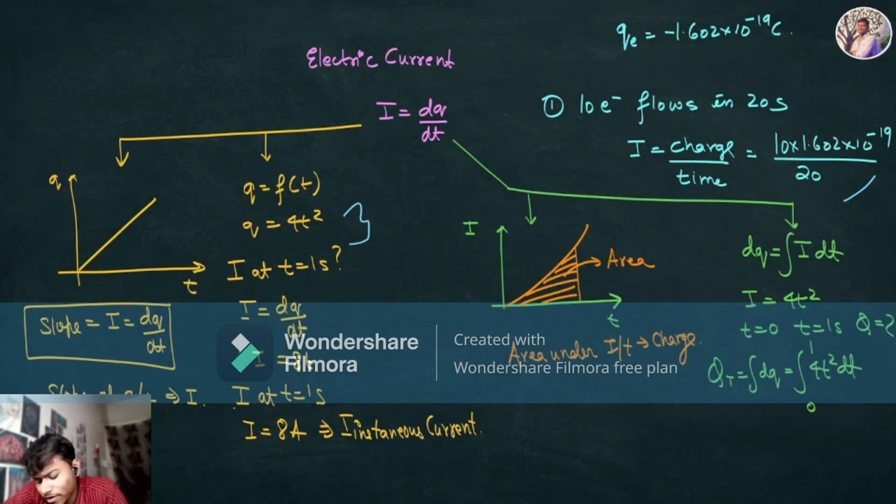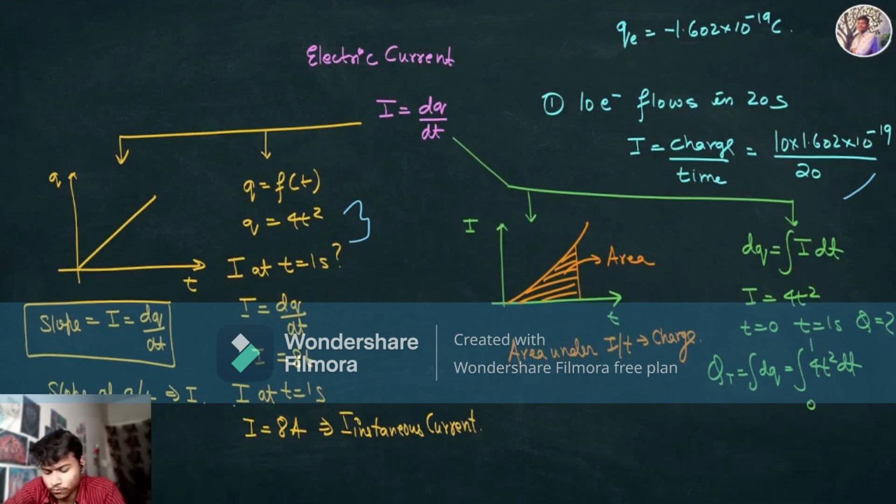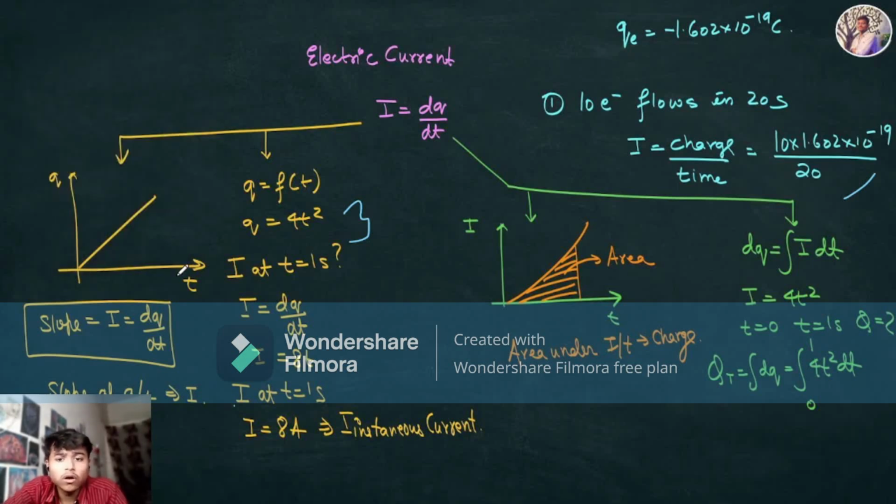Here, in the example, I is equal to dq by dt, and we have to find I at 1 second. So we take the slope from the graph: differentiate 4t square with respect to t, which gives 8t.